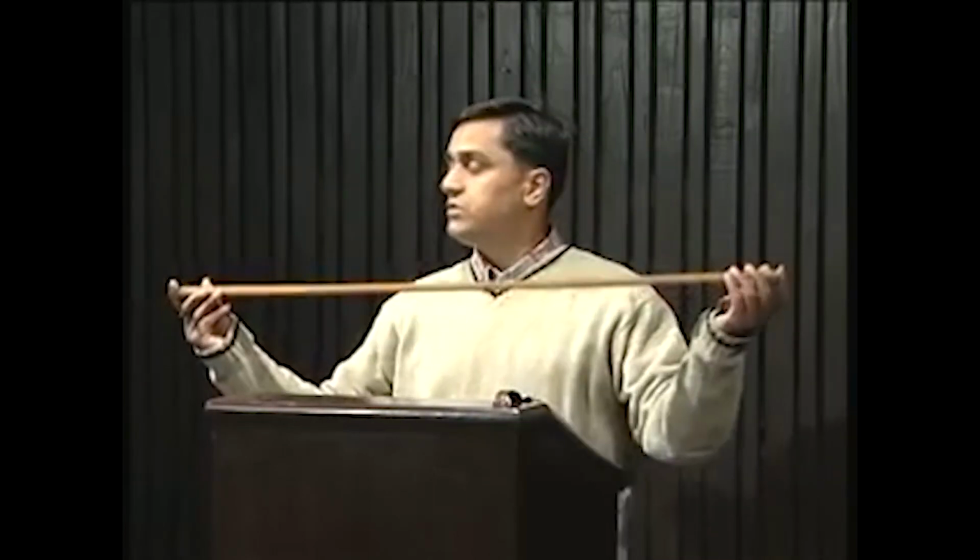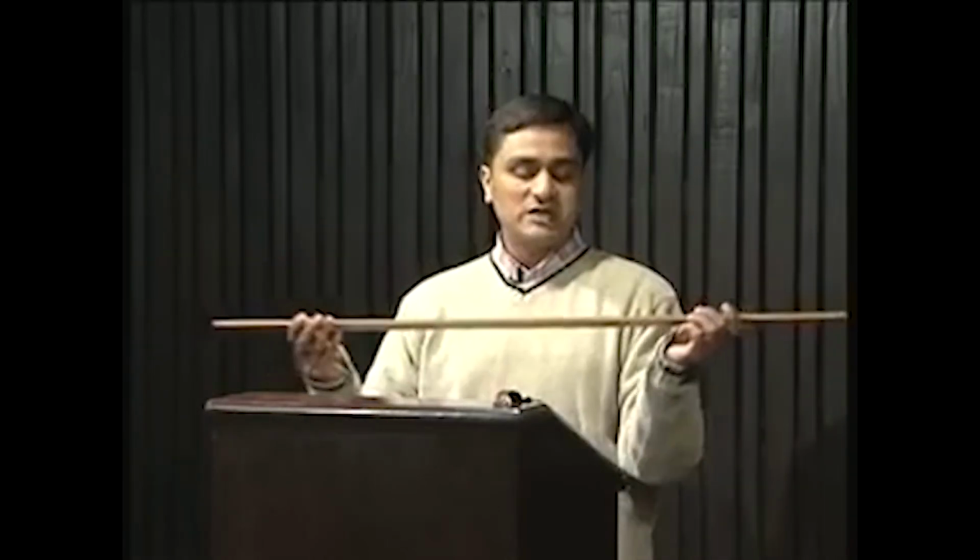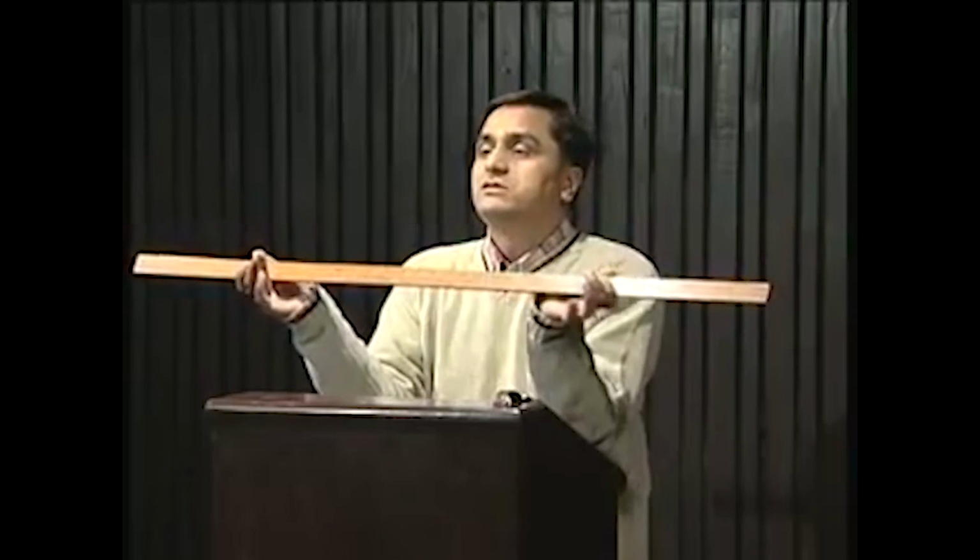Well, this says 1 meter. Is it so? The question is, is it really 1 meter? Because this has been manufactured by someone. Someone has manufactured an instrument, which may be a simple scale like this, or maybe a sophisticated instrument. And the instrument says this is 1 meter, but is it really so? That's the big question.